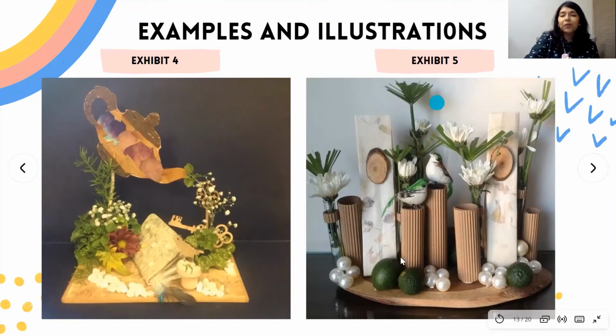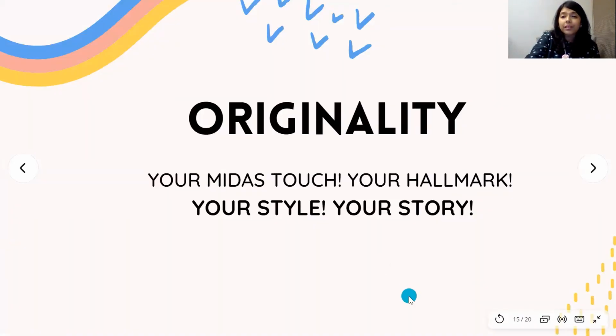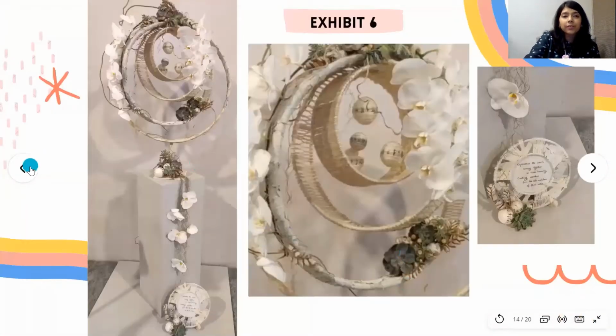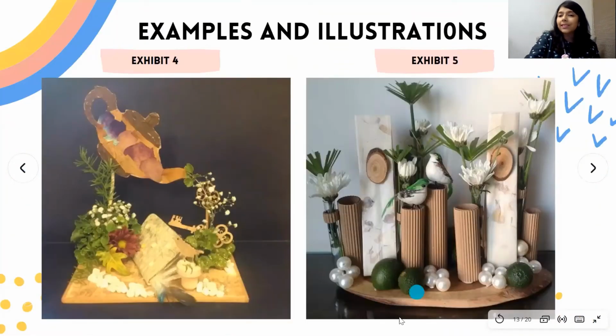Exhibit 5, The Tale of Love. Two anniversary birds perched on the two corrugated stands, far above the sourness of life, that is depicted with these lemons.